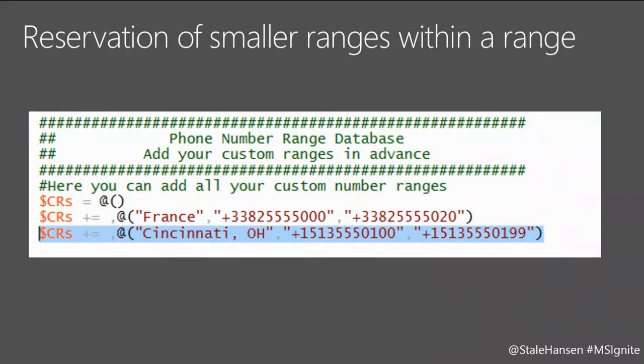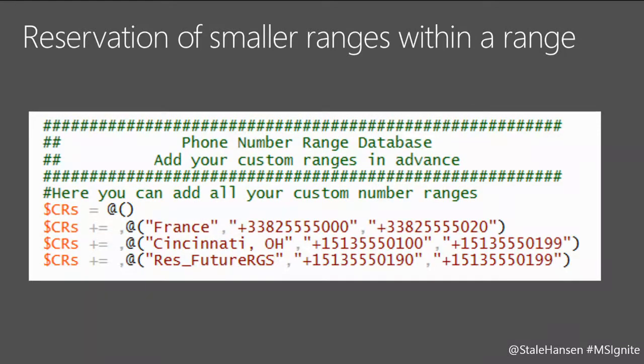You may also want to reserve smaller ranges within your larger number range. And that is typically for, here we have a new range for Cincinnati, and we want to reserve the end of the range for future response group services. So then we create a range with res and underscore, and that will flag the range as a range within the range and will not have double features or the number two times within the database.